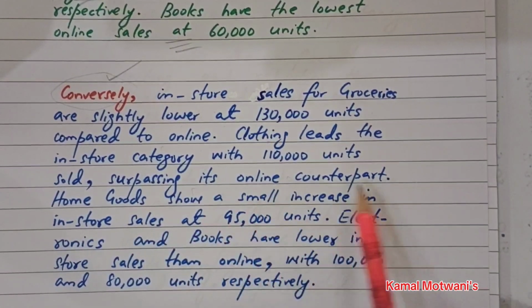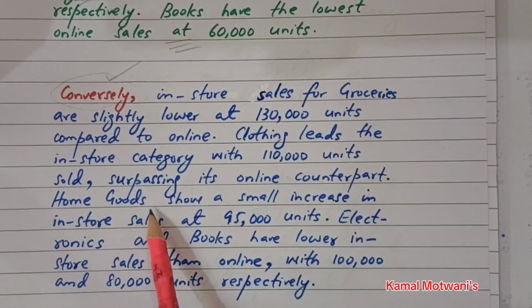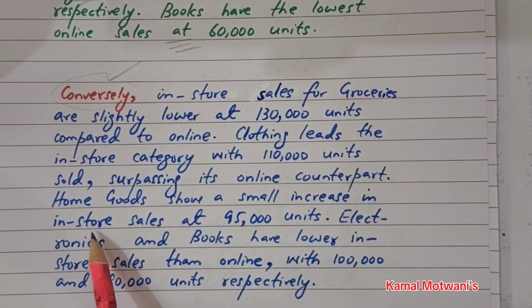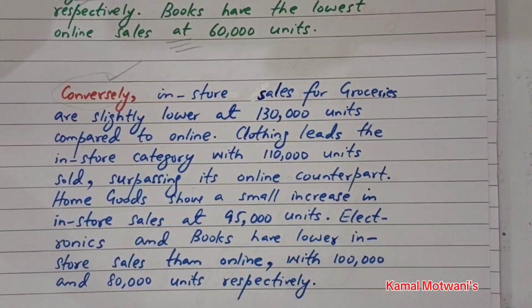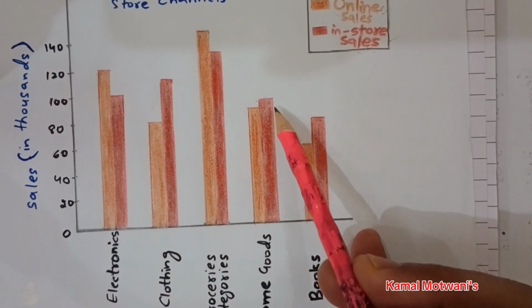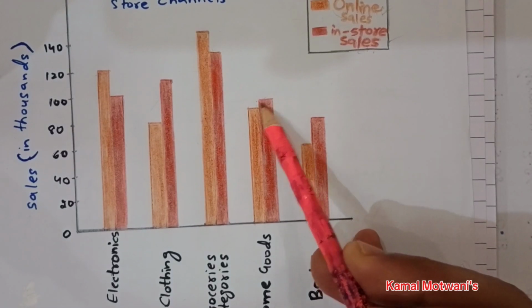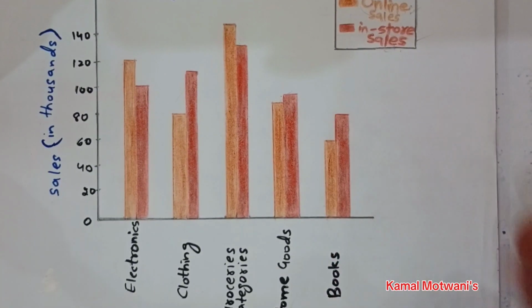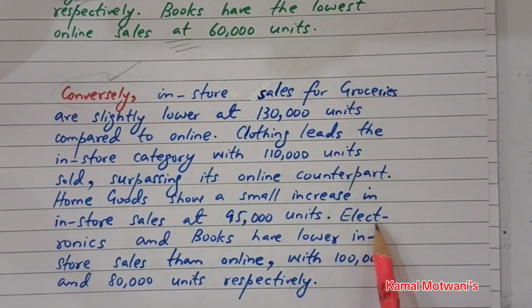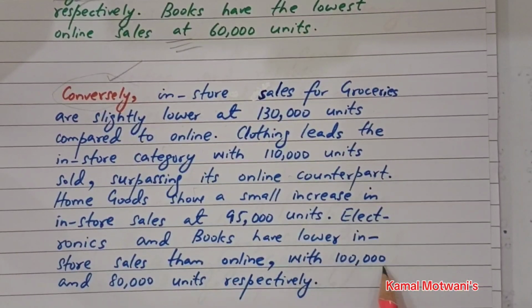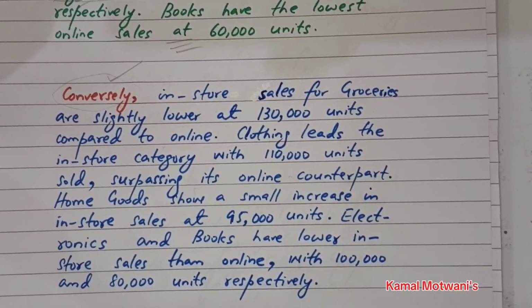Surpassing its online counterpart. Then home goods show a small increase in in-store sales at 95,000 units. Home goods have slightly increased, you see, as already discussed, with respect to online sales. There is a slight increase. Electronics and books have lower in-store sales than online with 180,000 units respectively.